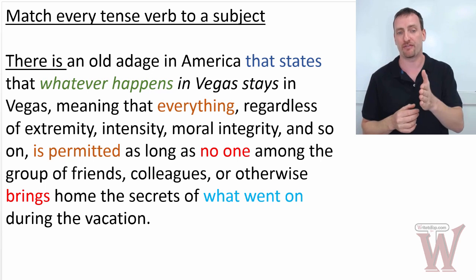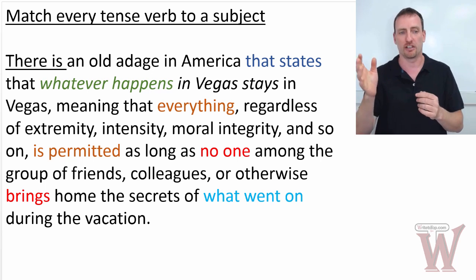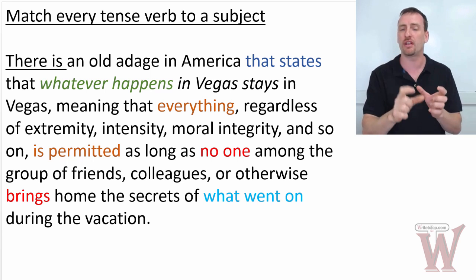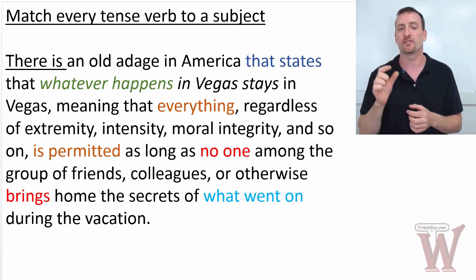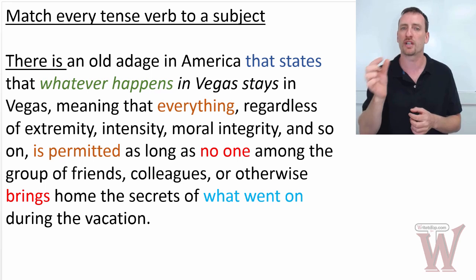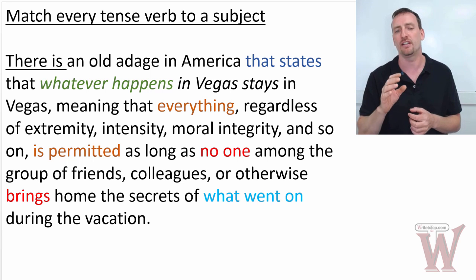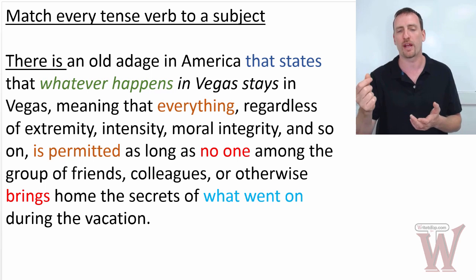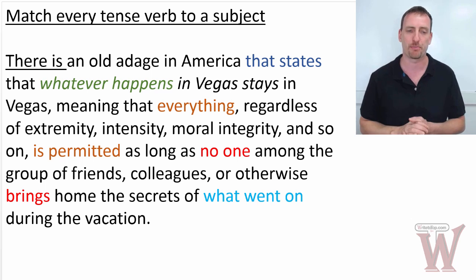Meaning that everything, subject, regardless of extremity, intensity, moral integrity, and so on, is permitted. Everything is permitted. As long as no one among the group of friends, colleagues, or otherwise brings. No one brings home the secrets of what went on. What is the subject, went on is the verb of this noun clause as object of the preposition.